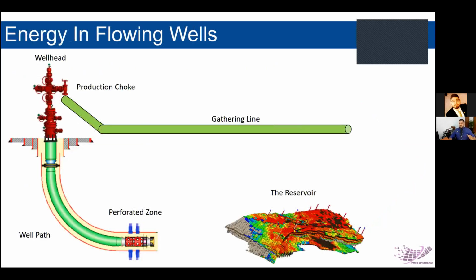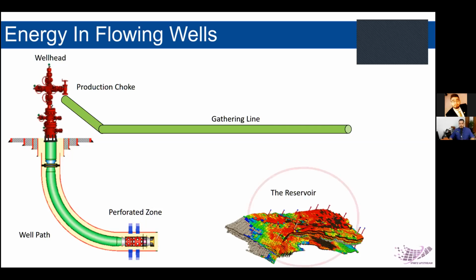Let's take a look at how the energy is being dissipated in our production system. The production system actually starts from the reservoir. The reservoir is the very vital part of the production system. If you have a good reservoir, you will have fewer problems. If you have an ill and sad reservoir, you will have much more problems you need to deal with on the surface.